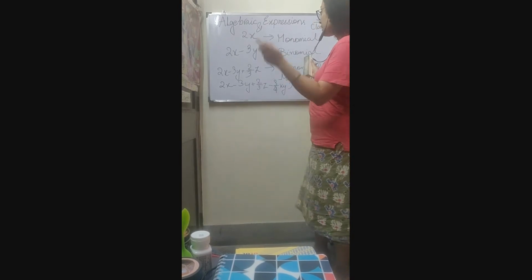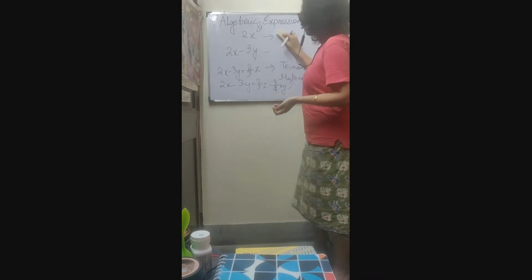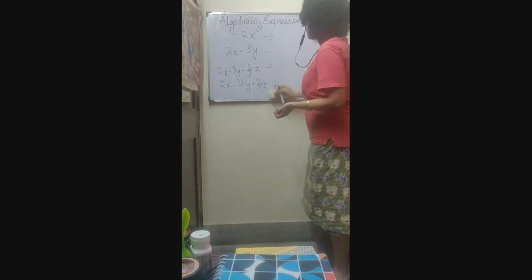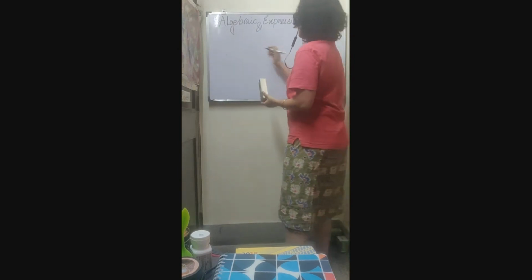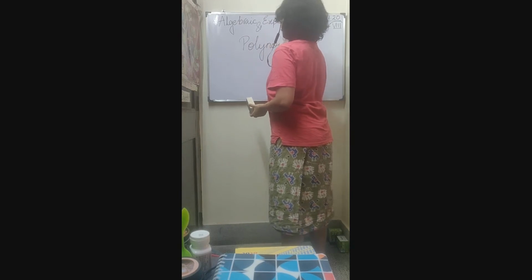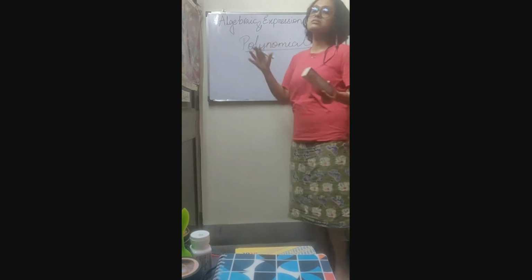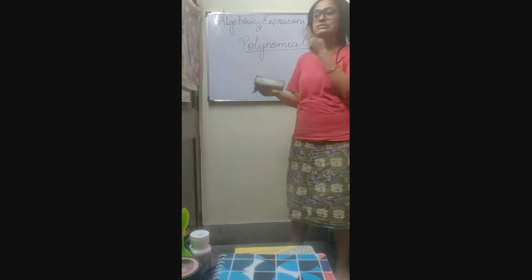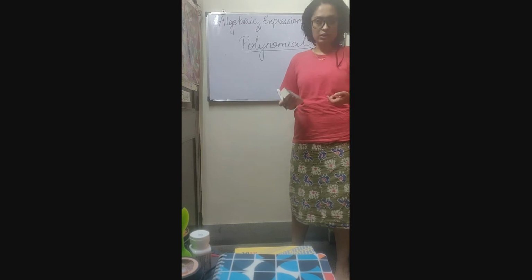Now there is another term that you should know about. That term is polynomial. Why did I write it separately and not include it with binomial, trinomial and all that?